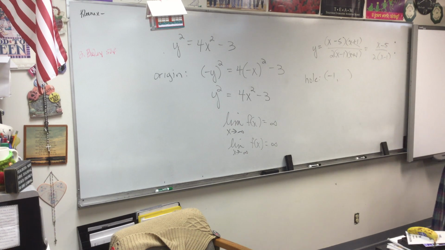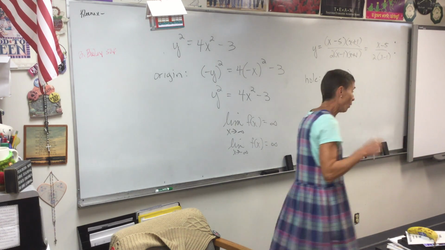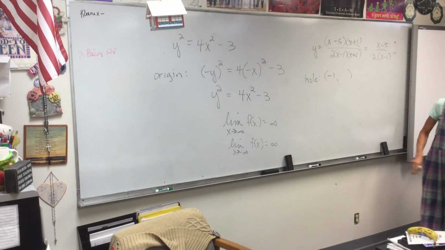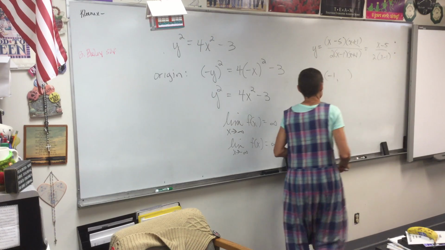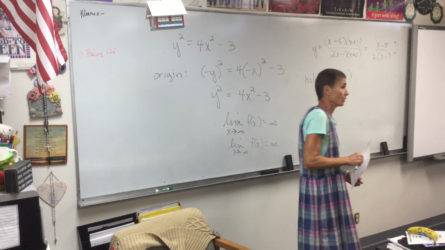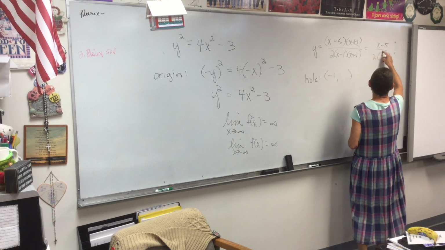Also, we handed this out earlier. Now, the hole is a point. I have the x-coordinate figured out because that's what I canceled out. How am I going to get my y-coordinate? Plug in the -1 right here.